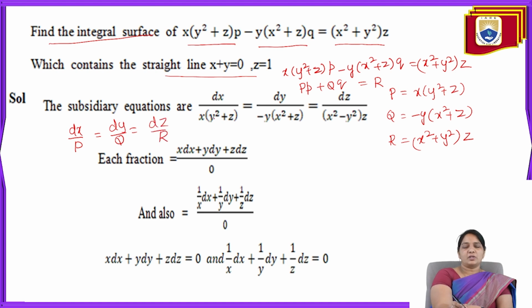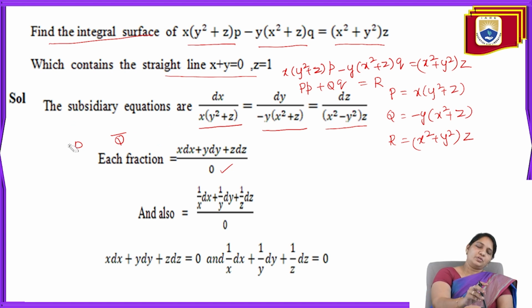So what is the P value? So x into y square plus z. So dx by x into y square plus z, dy by minus y into x square plus z, dz by x square plus y square into z. So after that, now I am using the multipliers method to solve this problem. So what is the multipliers method? Already we know that. First we have to choose the multipliers L, M, N according to the condition.